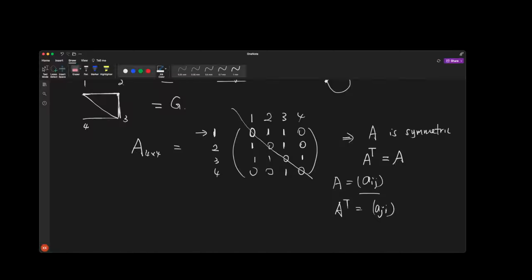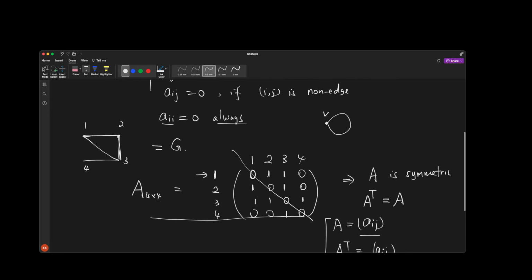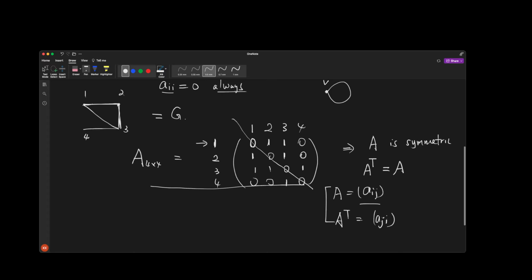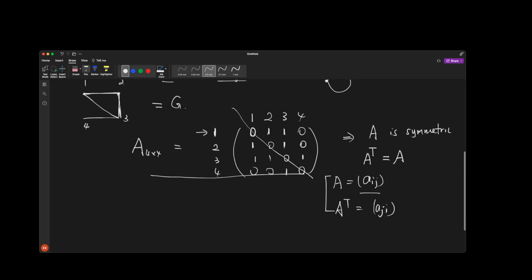So it exactly means that you make this reflection. Okay, so this is the basic notation in matrices, and this is the definition of the adjacency matrix.